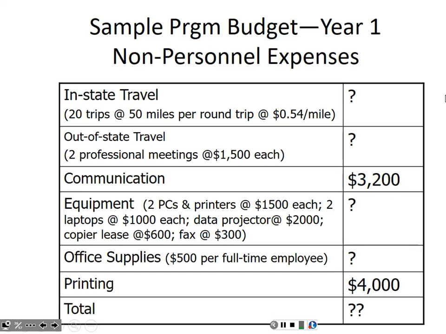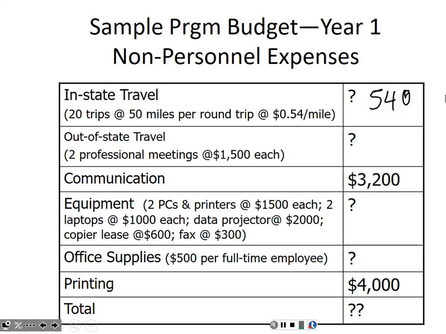Okay, whose turn is it? Where did we stop last time? 500. Okay, so what's our budget for year one for in-state travel? $540. And how did you get this figure, please? I multiplied 20 by the 50 miles per round trip, and then I took that total and multiplied it by the 54 cents per mile.